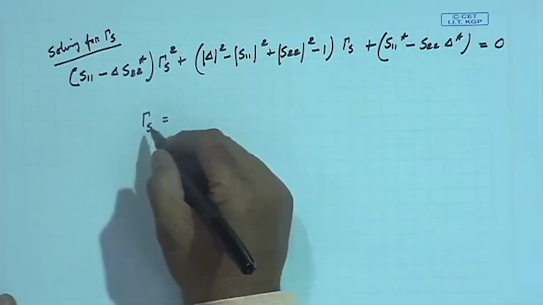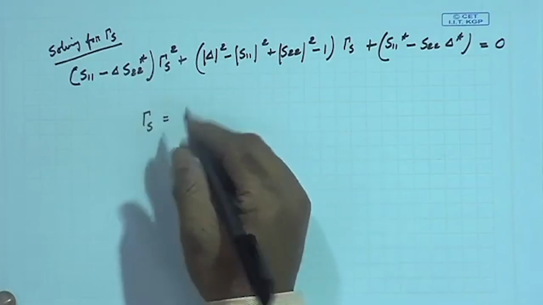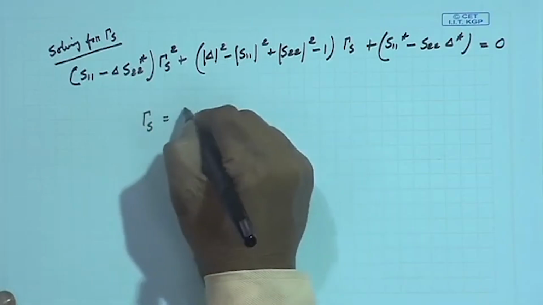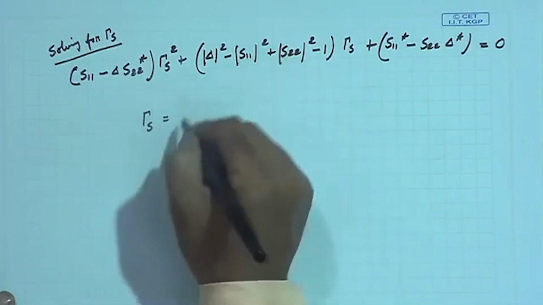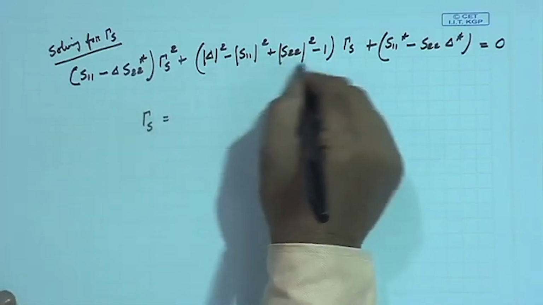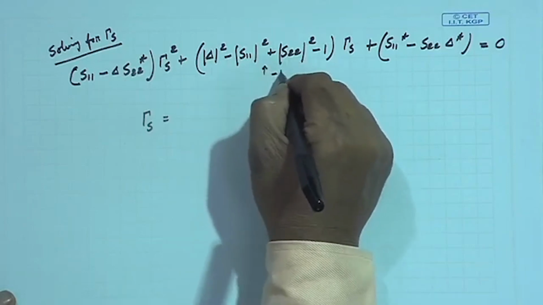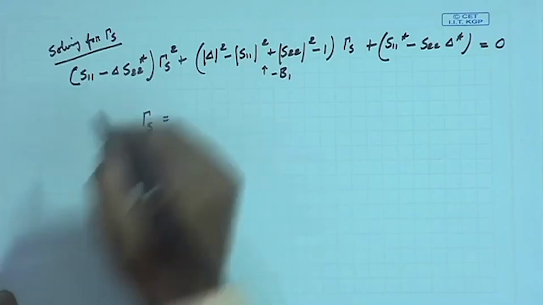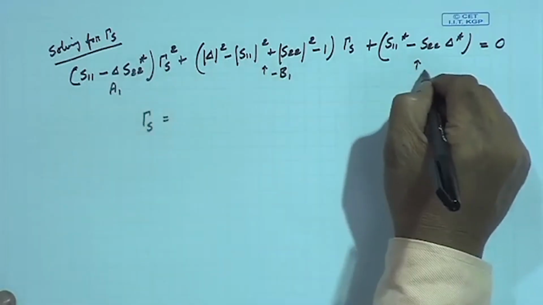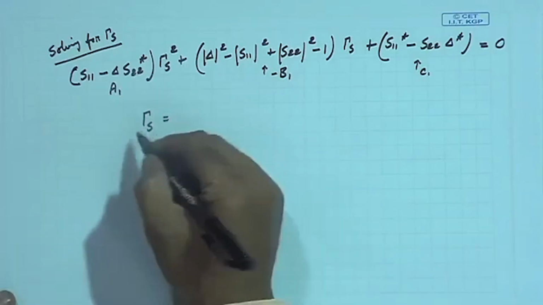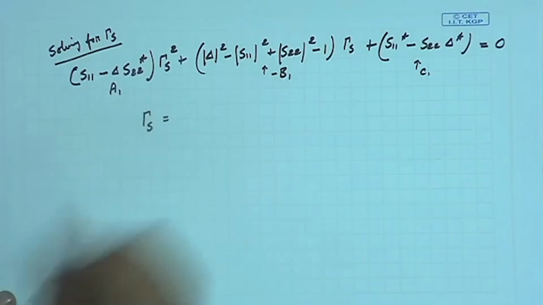We know the solution of a quadratic equation, we can find the roots. This whole thing I call minus B1, this one I call A1 and this one I call C1. Remember, instead of B1 I have taken minus B1.